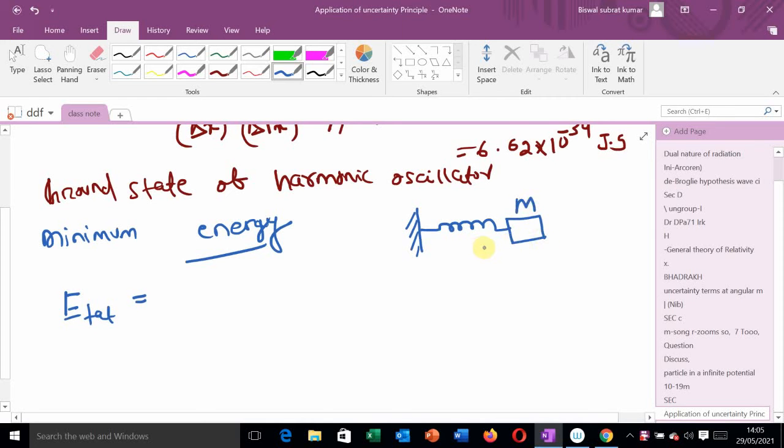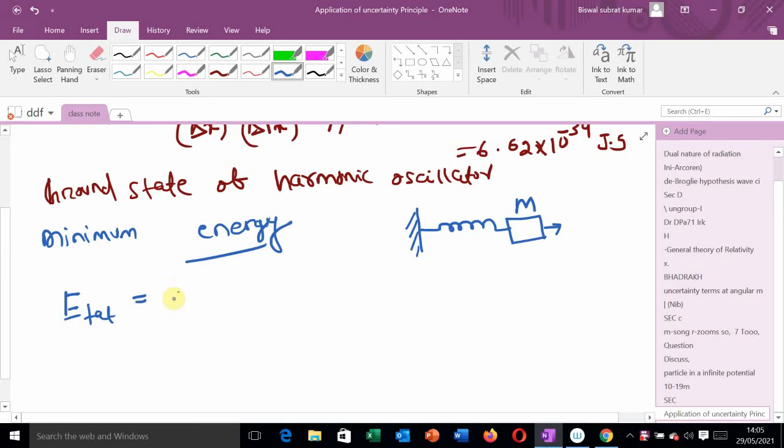If I push this block towards the rigid support, or pull it away from the rigid support, then it will show a simple harmonic motion and vibrate.